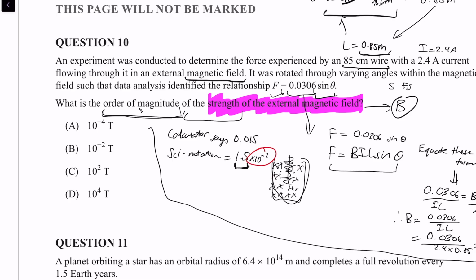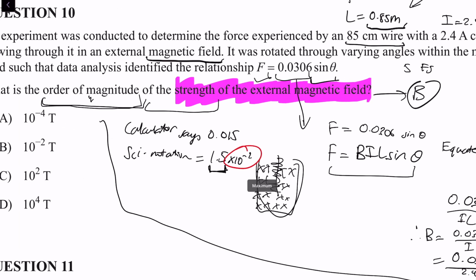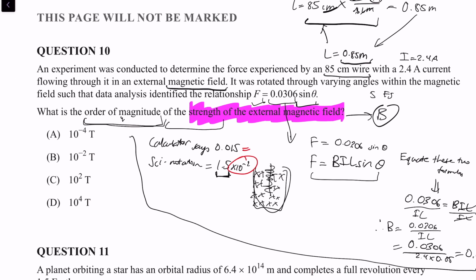There are ways to get to that answer without actually having to use your calculator, such as knowing how to convert values to scientific notation, which is one of the first things I learned in physics in year 11, week 1. That's crazy.